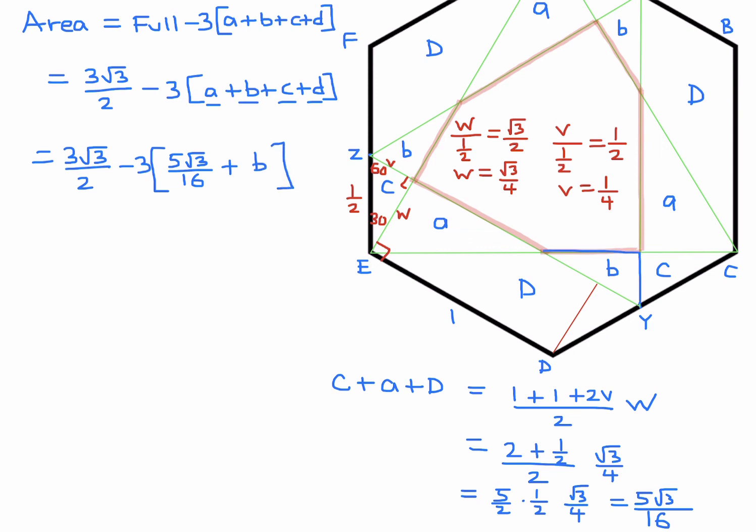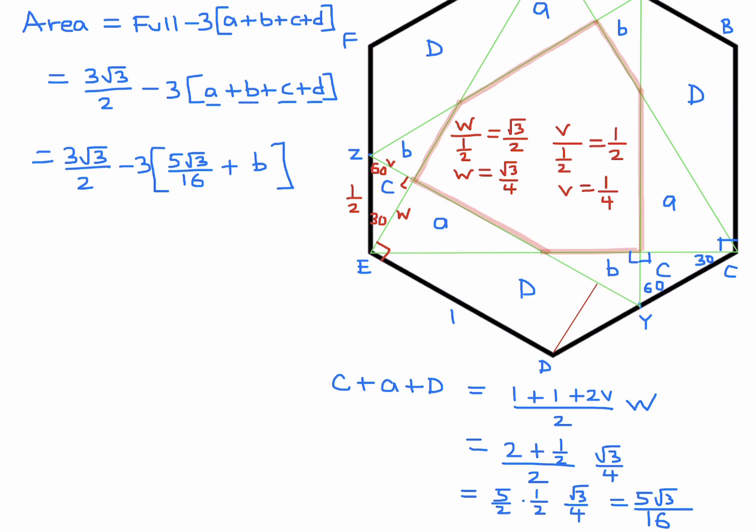So where is B? B is right here. All right. Well, the way this is drawn, this is obviously a right angle. And we have to do a little bit of angle chasing here. This was also a right angle, so since the internal angles are 120, this angle right here is going to be 30. And then this is a right angle, so this is going to be 60. Therefore, this has to be 120, but this line cuts that in half.